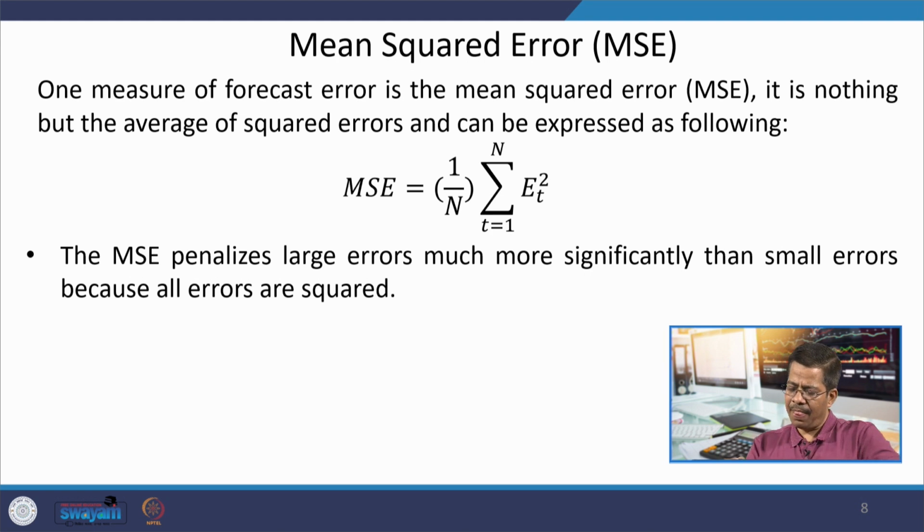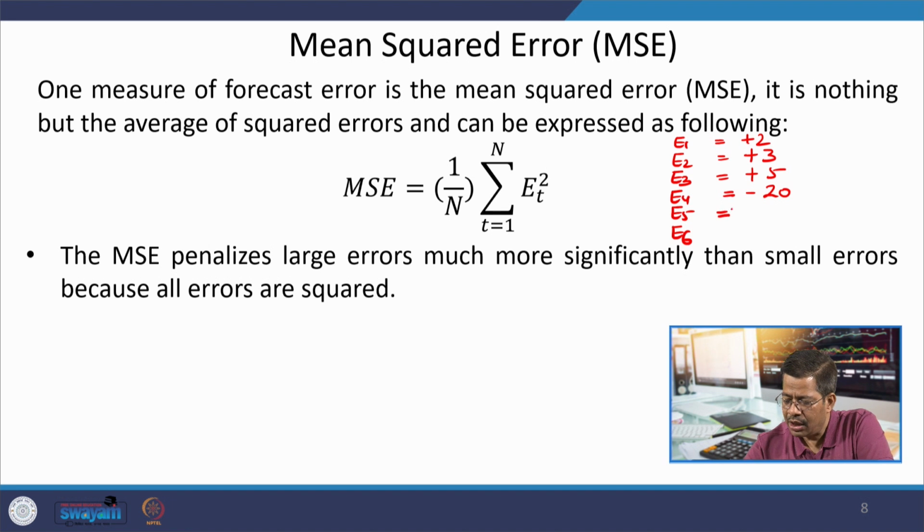For example, if I have data like E1, E2, E3, E4, E5, E6, E1 is plus 2, E2 is plus 3, E3 is plus 5, E4 is minus 20, E5 is minus 4, E6 is minus 1.